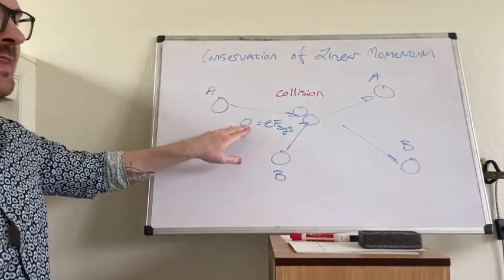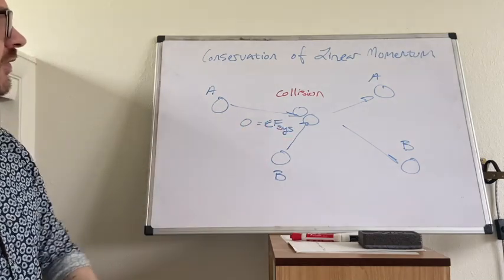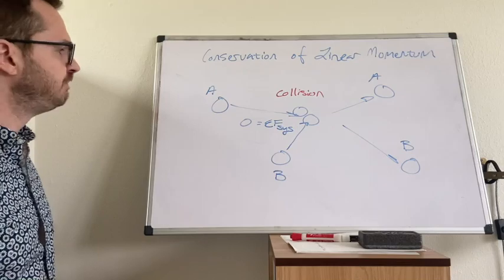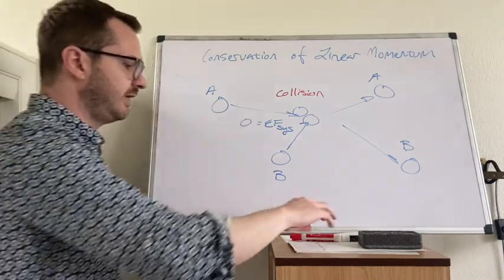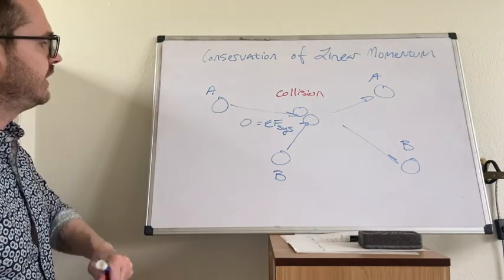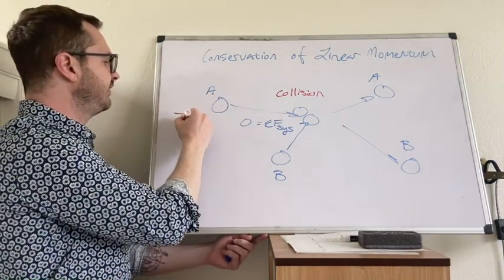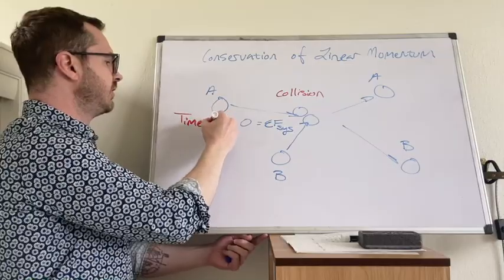If you can write this claim, if you can say that the sum of forces is equal to 0, then you can apply conservation of linear momentum. So let's say that over here on the left, these are the initial conditions. This is time number 1.